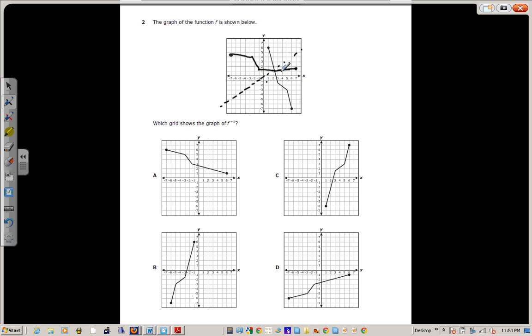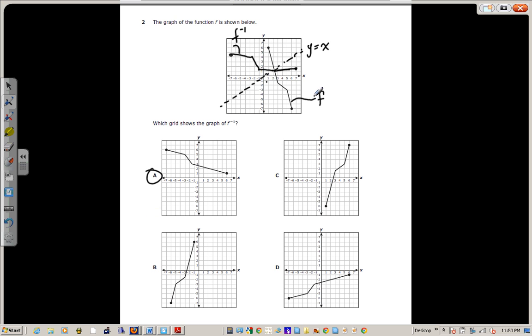Okay? So if you have a mirror, and you reflect this along this line right here, y equals x, the resulting reflection is going to be the graph of the inverse of f. So if this is f right here, this is the inverse of f, f to the negative 1. So you can clearly see the one that best matches that is this choice right here, choice A.